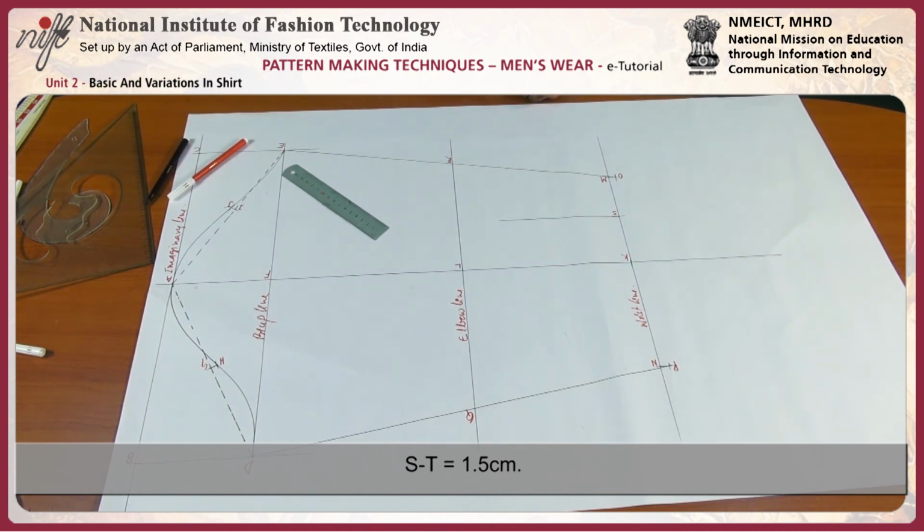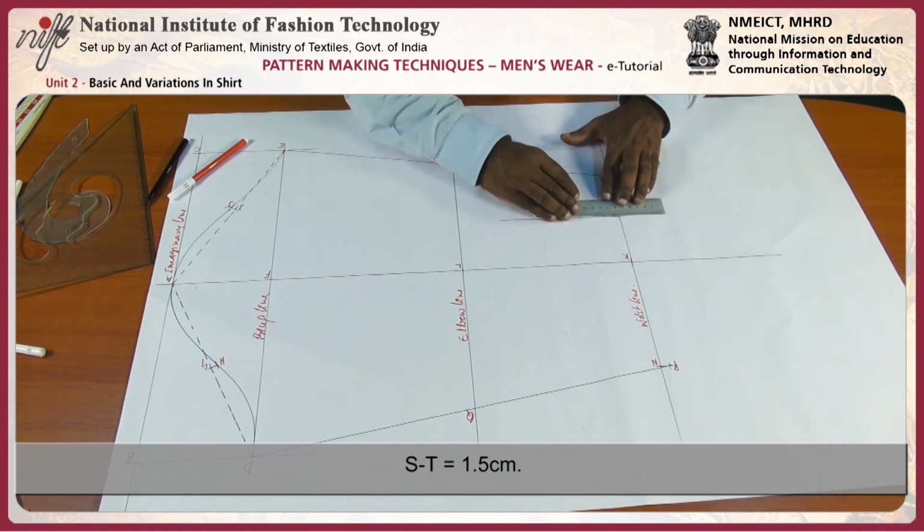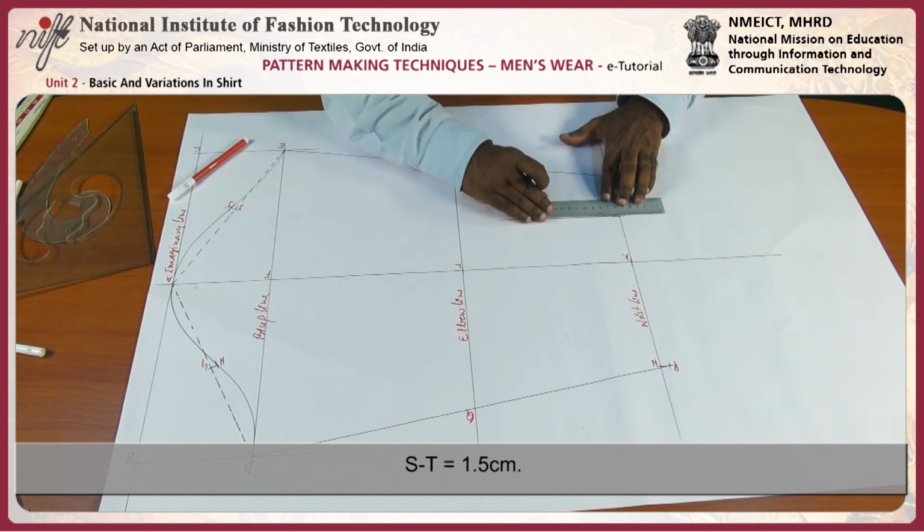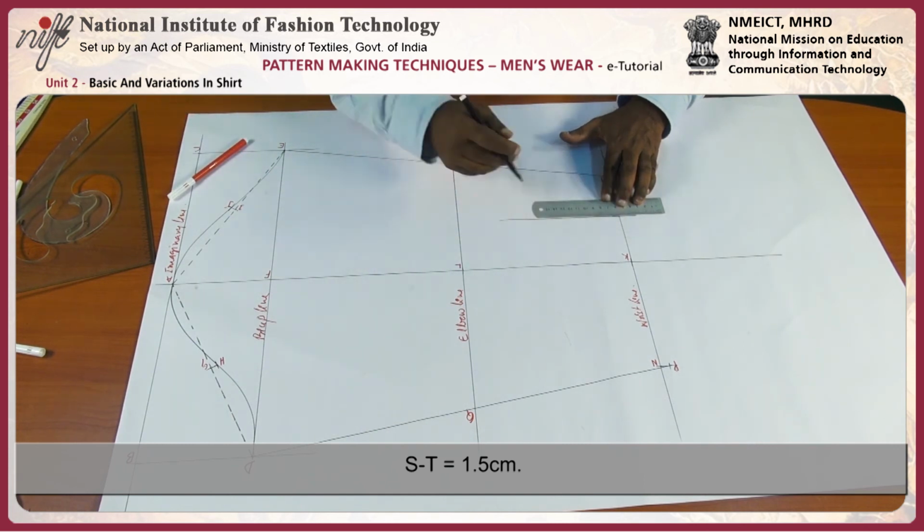S to T is 1.5 centimeters. See, the line of placket positioning is to be extended.